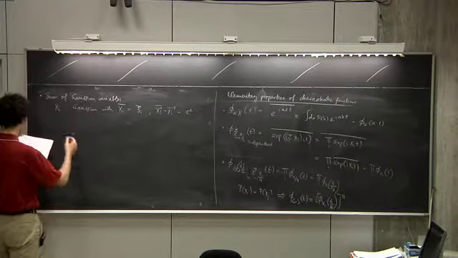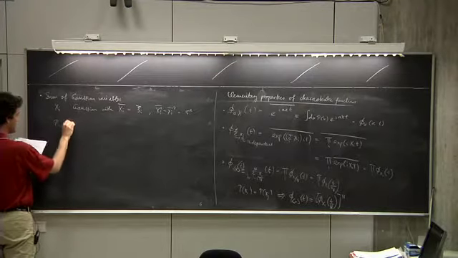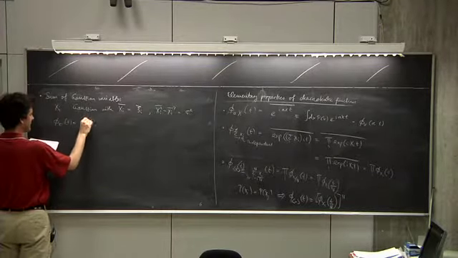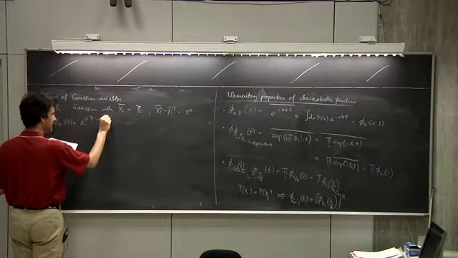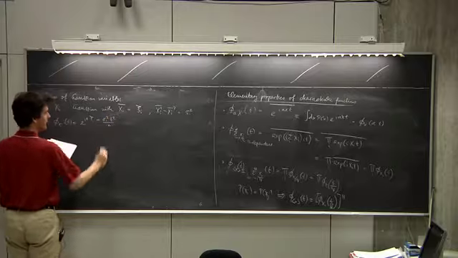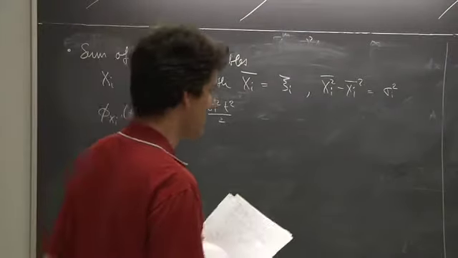We just derived before that phi of x_i of t is e to the i t ξ_i, that's the average, minus sigma_i squared t squared over 2. That was the characteristic function of a generic Gaussian.